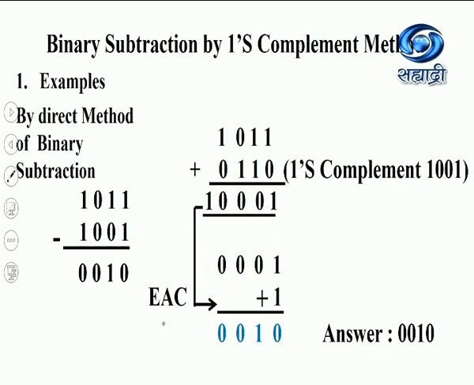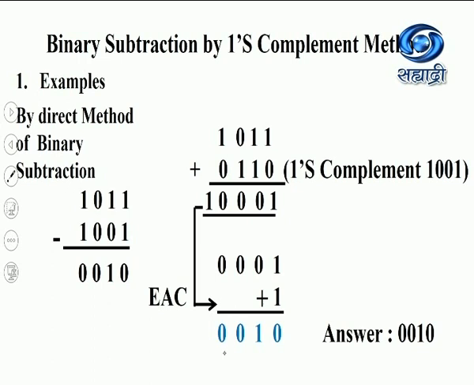As the carry is present, the answer is 0010. That is, when we add this end around carry 1 to the least significant bit 0, 1 plus 1, the sum is 0 and carry is 1 to the next column. So 1 plus 0, sum is 1, and the remaining bits are as they are. 0 plus 0 is 0, 0 plus 0 is 0.